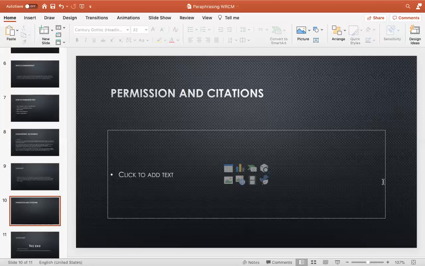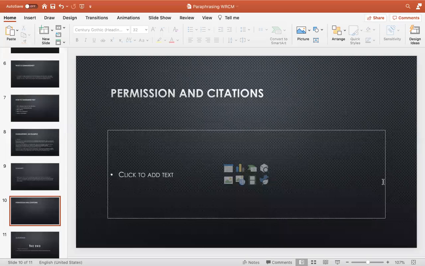Therefore, if you plan to use that summary or that paraphrase into your own essay that you're writing, then you must provide citation. In other words, you must acknowledge the original author and the original source from where you either took the paraphrase or you took the summary.